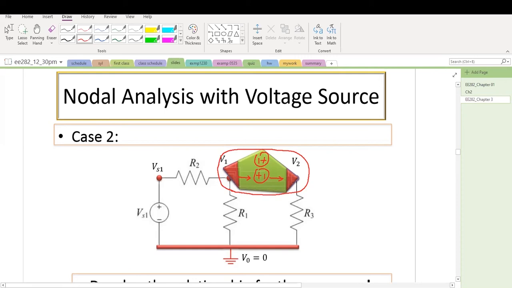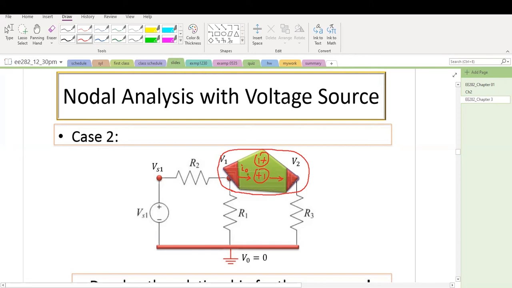Therefore, we need to bypass the current flow through this voltage source. If I call it I0, this is a new unknown, so we need one more equation to figure out I0.